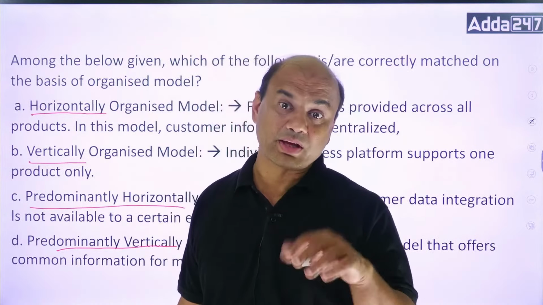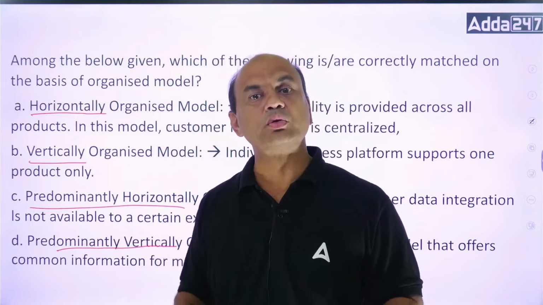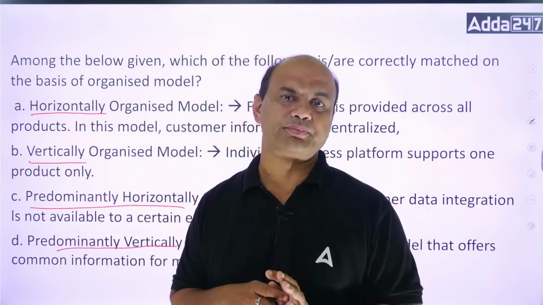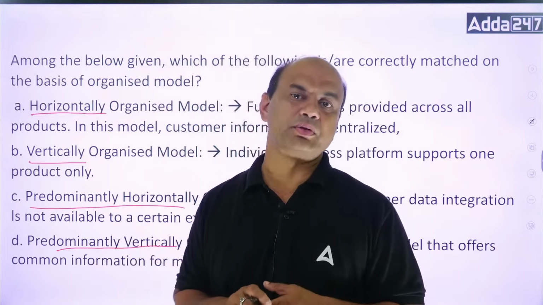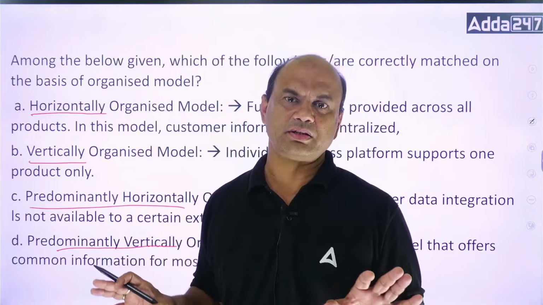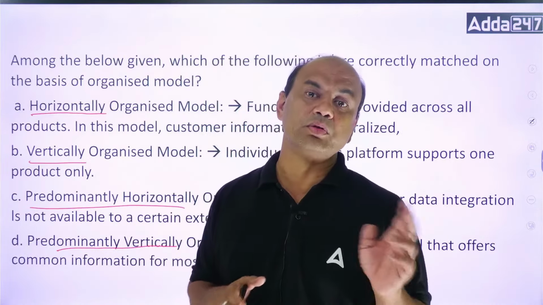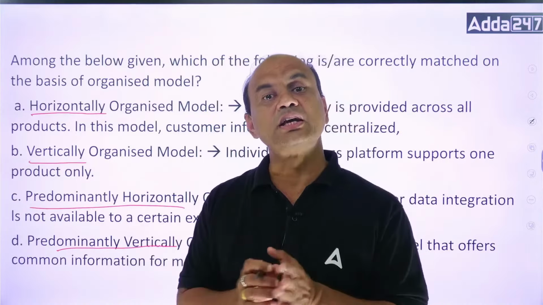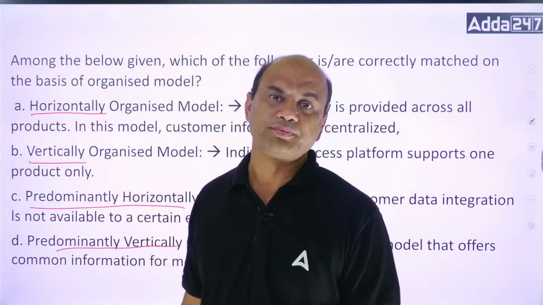It is product wise. Home loan customers will be known to the home loan department only. Personal loan customers will be known to the personal loan department only. They will not share the data. That is known as horizontally organized.